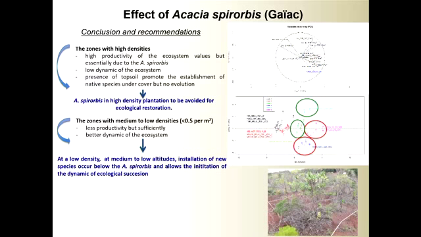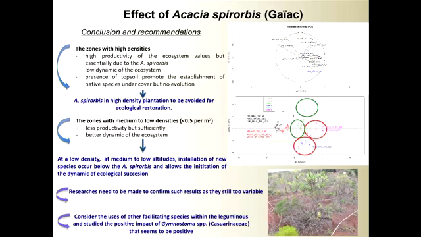It remains to check if the acacia won't block the system and if it will need to be cut in the long term if it does not die. Also, use of other facilitating species within the leguminous family has to be considered, and the positive impact of Gymnostoma species from the Casuarinaceae family has to be studied.